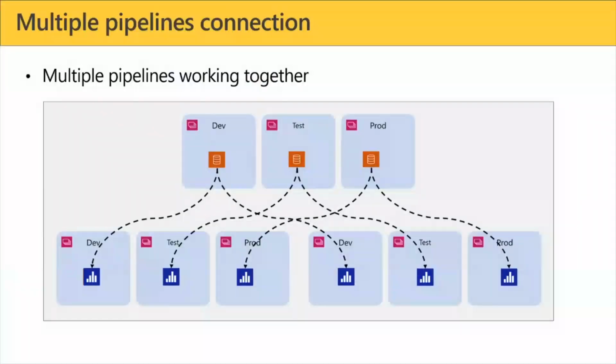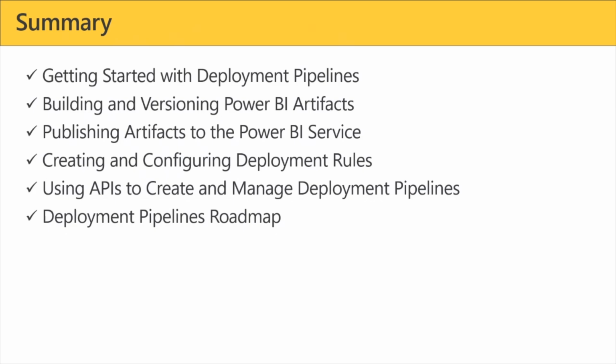And from the feedback that we've gotten, here's what a lot of companies really want. This idea that they will have one pipeline for all their data sets that will be used as shared data sets. And then we can have one or more pipelines for our report authors. So hopefully early in the year, we should have a public preview on this. But I just wanted to make sure that you knew that this was in our plans.